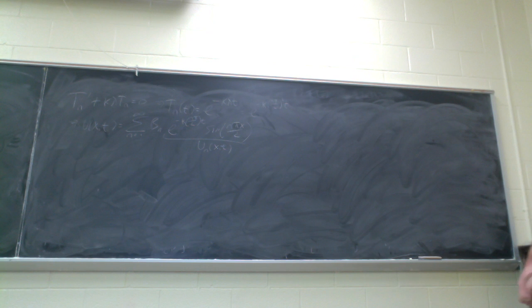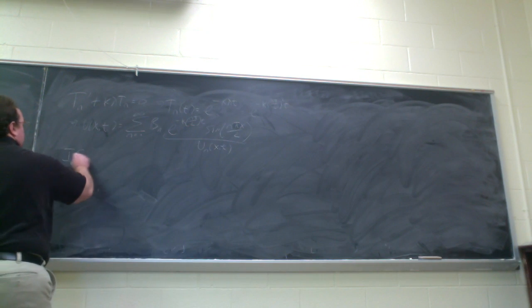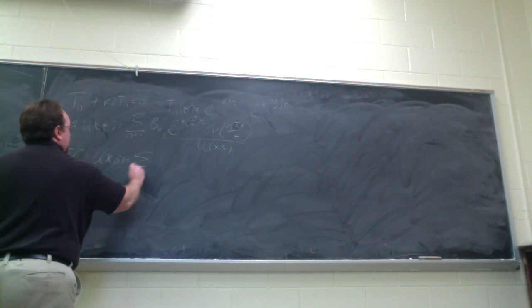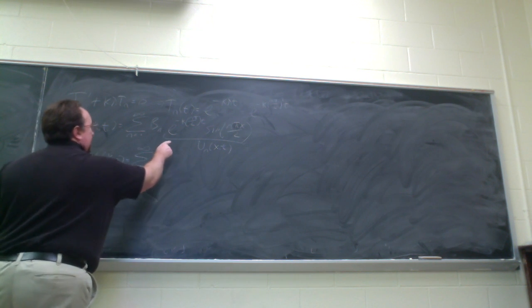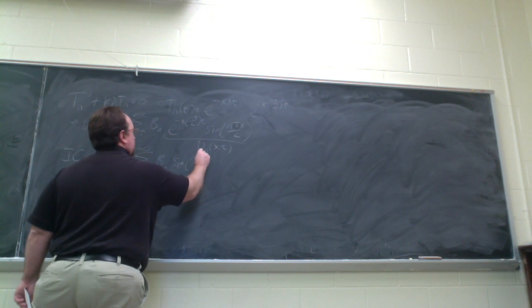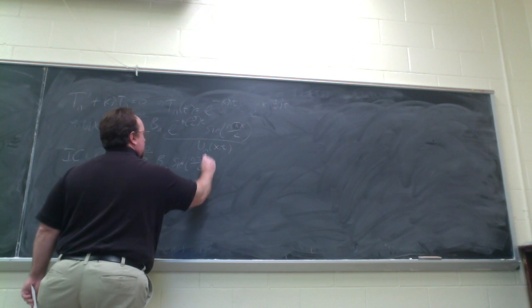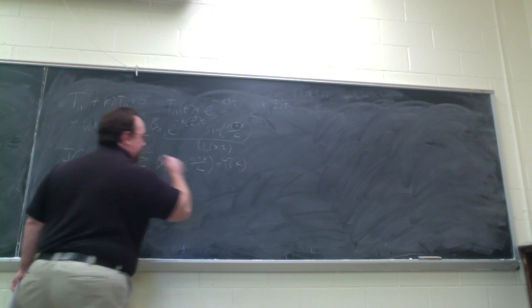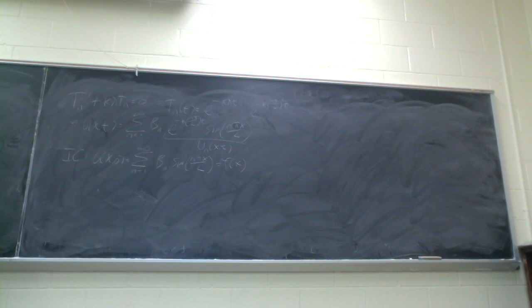So now we apply the initial condition. So u of x, 0, so just plug in t equals 0. That's easy enough to do because that just makes the exponential go away. And that must equal f of x, whatever our initial condition is.